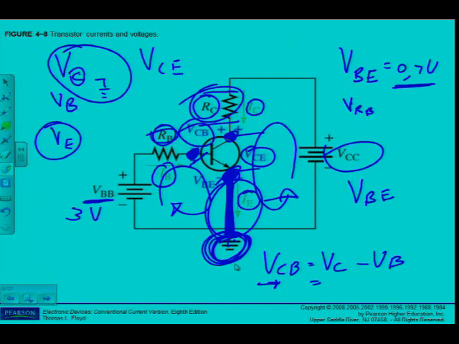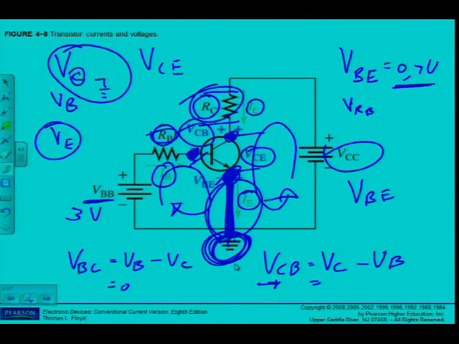But remember, I'm talking VCB. And what do I know? VBC is actually the value that I'm looking for, because remember that the base collector junction is reverse biased. So I would most probably ask you, what is the value of VBC? Which of course is VB minus VC. And we've seen that VB is equal to VBE.